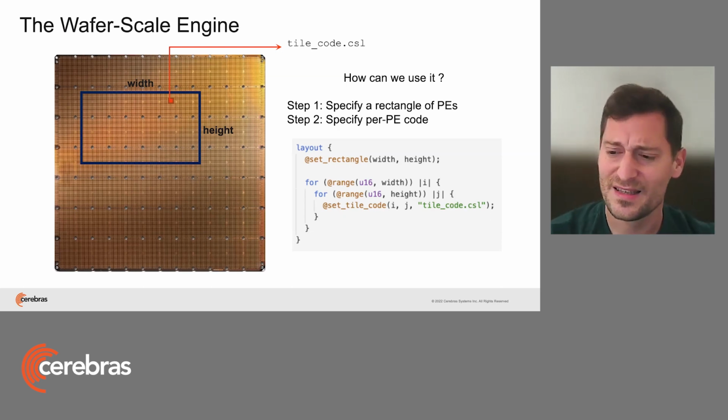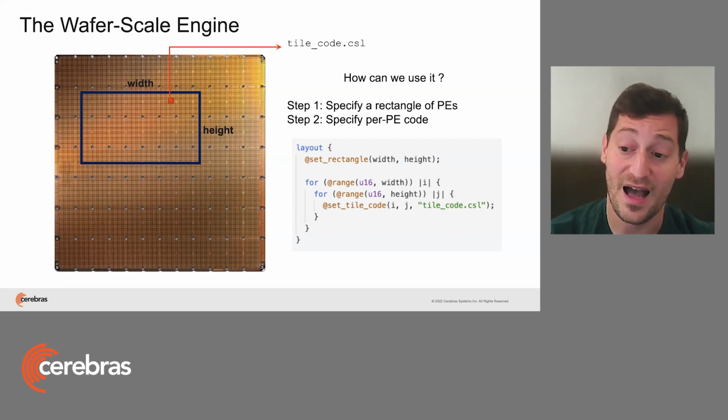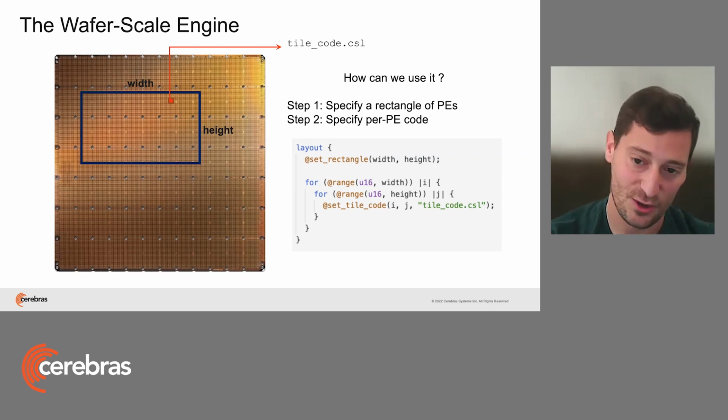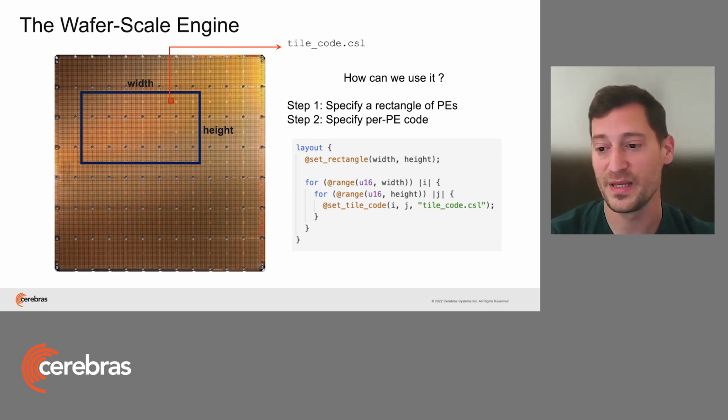Notice that in the CSL language, we have these built-in or primitive functions that are prefixed with the @ sign. So you will see that many times today. So this is how we would specify where we want to execute our code and what code to execute in each individual PE.